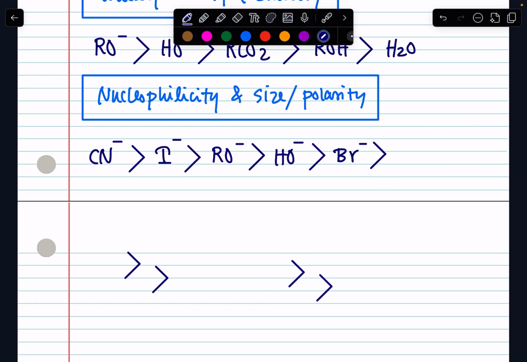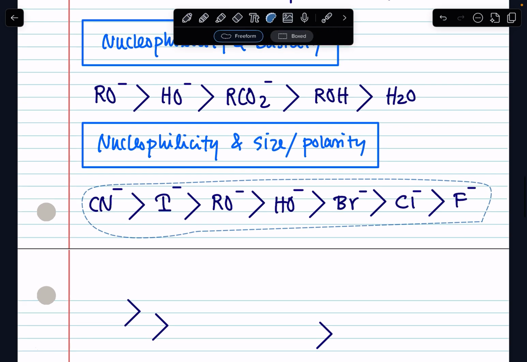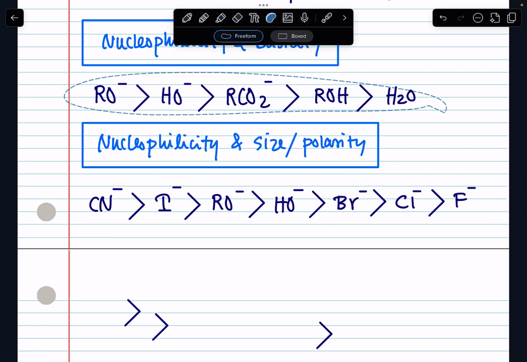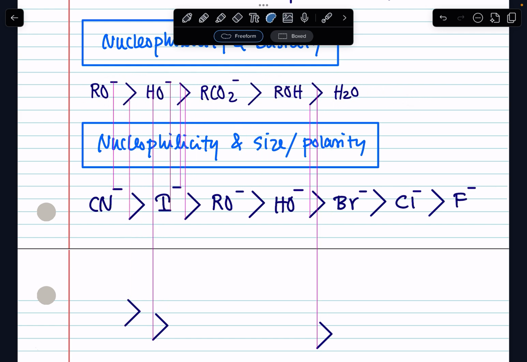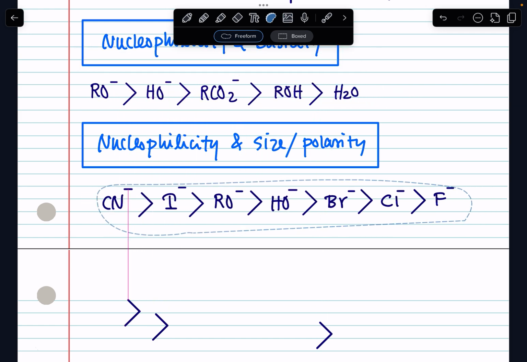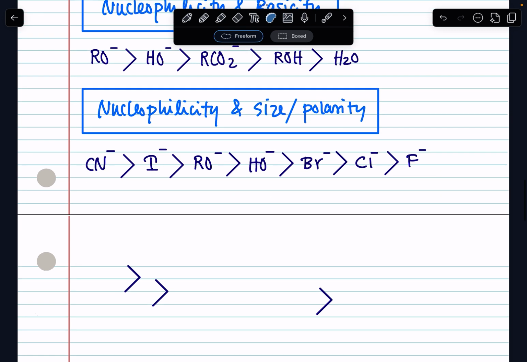Then you have Cl minus. And you have F minus. Let me just make this a bit smaller. And finally, you have H2O as shown.